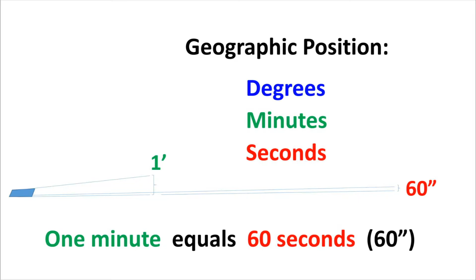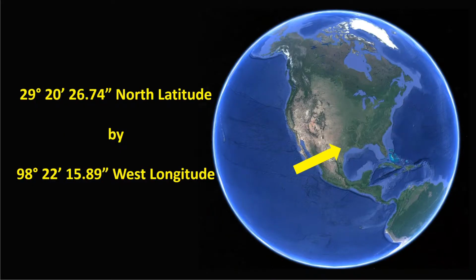Some coordinates are extremely accurate and are given in hundredths of a second. 1/100th of a second of latitude is approximately 1 foot. The place where this lesson is being written is located at 29 degrees, 20 minutes, 26.74 seconds north latitude by 98 degrees, 22 minutes, 15.89 seconds west longitude, give or take a foot.